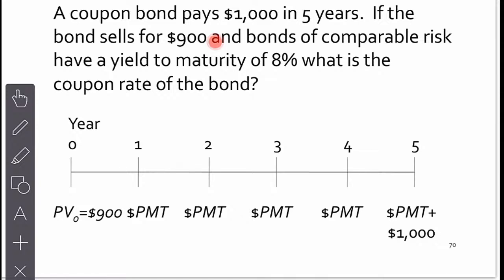Since the price is $900 and the face value is $1,000, this is not a par bond. So let's see who can answer. Is the coupon rate going to be higher or lower than 8%?